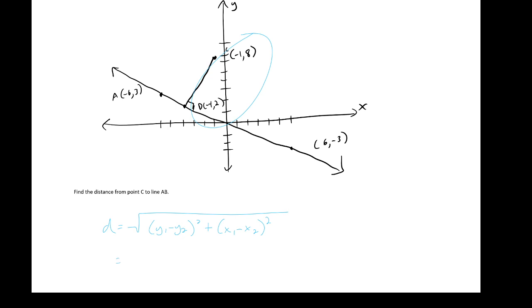So take the big square root, right? So the y's minus the x's, so I'm going to say 8 minus 2, which is going to be 6, squared, plus negative 1 minus negative 4, and that's going to be squared.